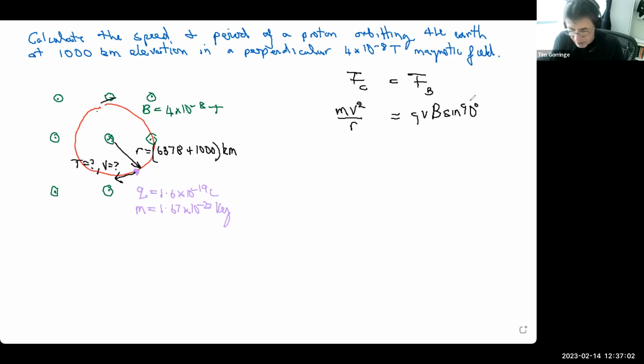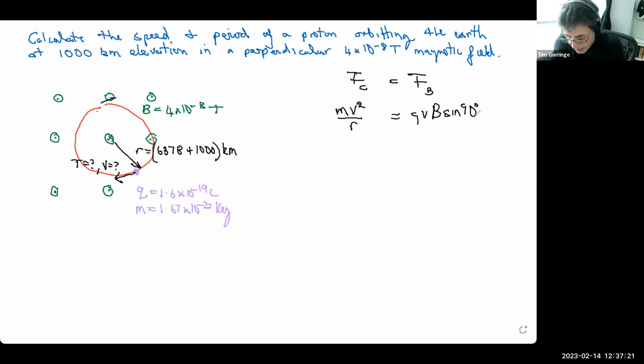So that's actually sine of 90 degrees. So this is our starting equation, having filled in how centripetal forces work, how magnetic forces work, and we've just got to rearrange it now for the velocity of the moving proton.